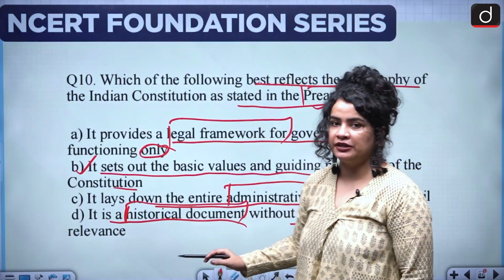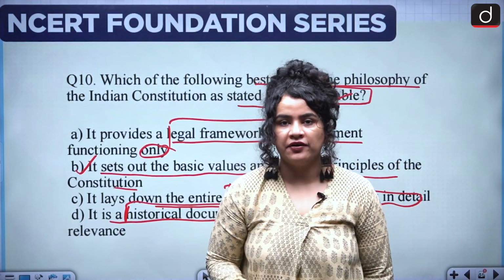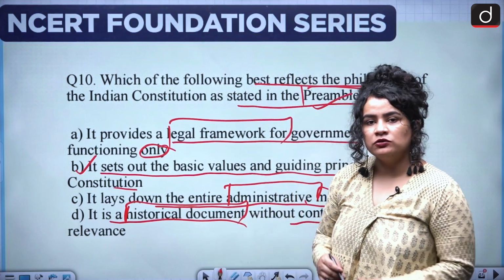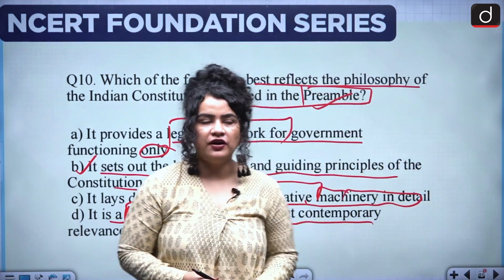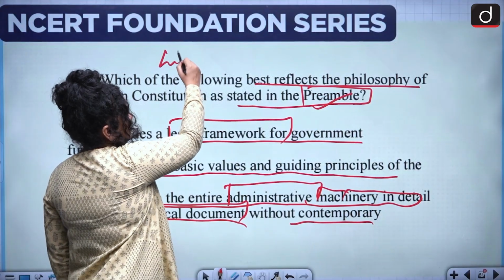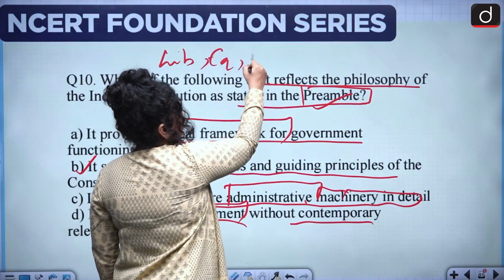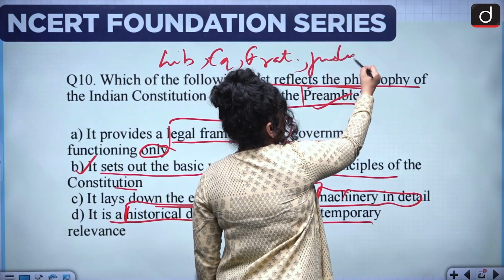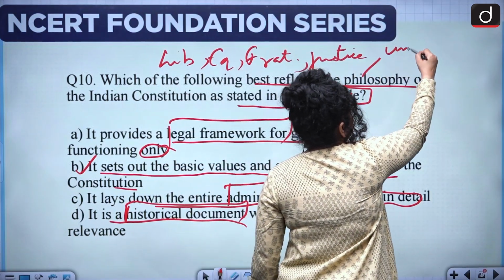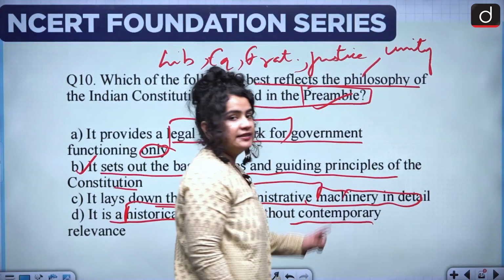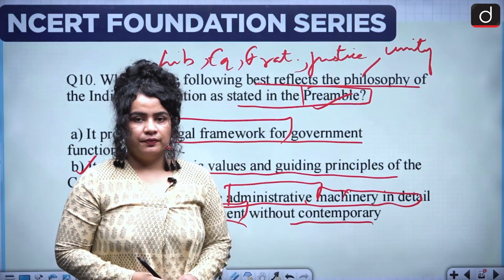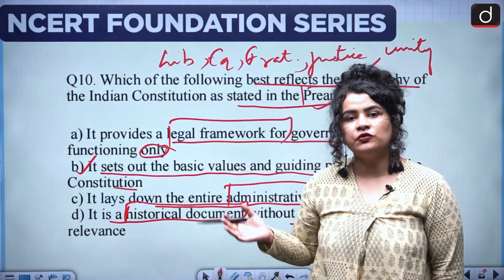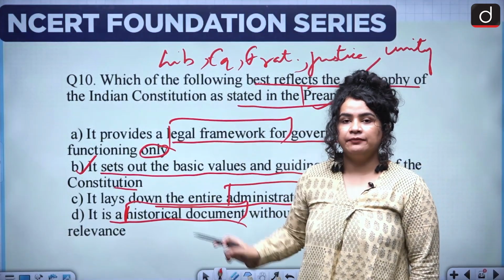It has contemporary relevance, and it will always have relevance. It will always be relevant because it talks about fundamental values, very fundamental values like liberty, equality, fraternity, justice, unity, and integrity. These are timeless values. They are not relevant only to a particular time or a particular era, but these are timeless values.